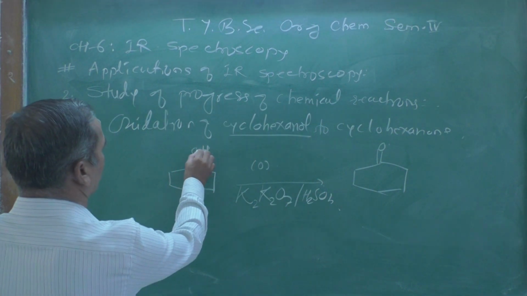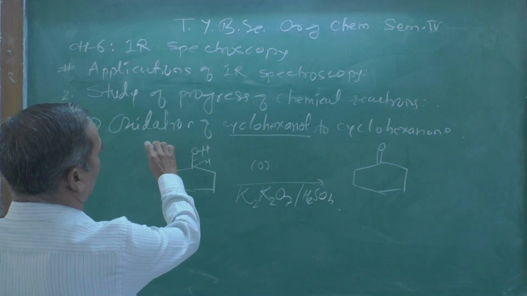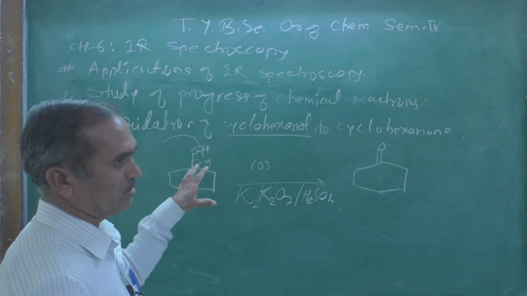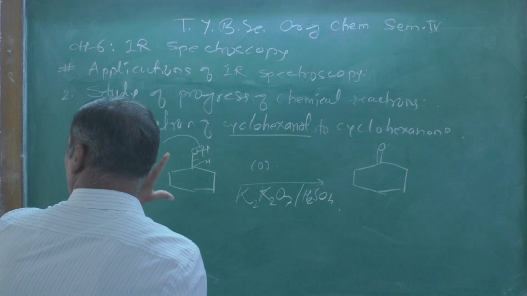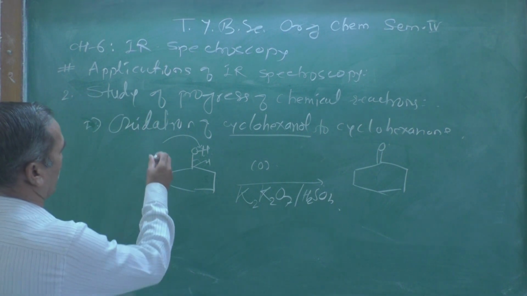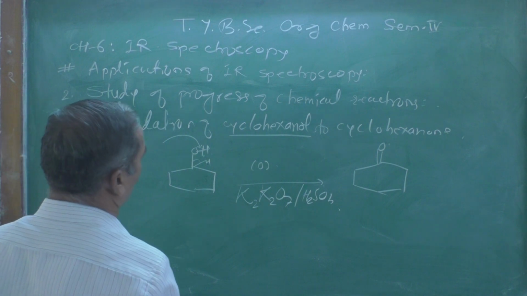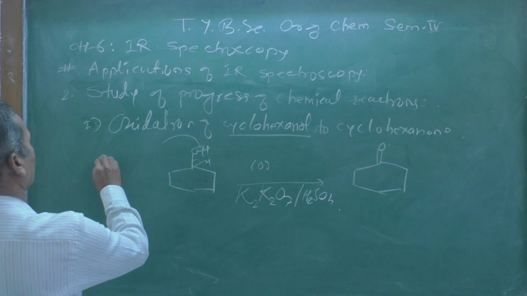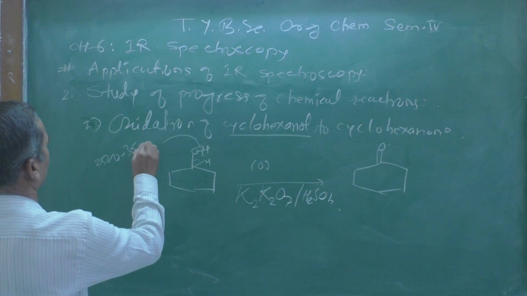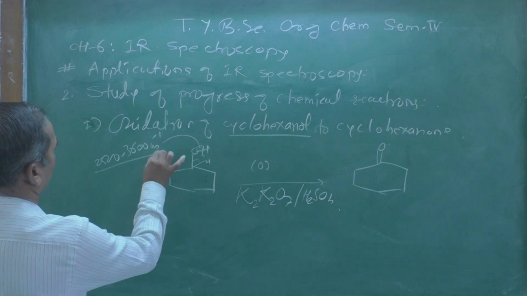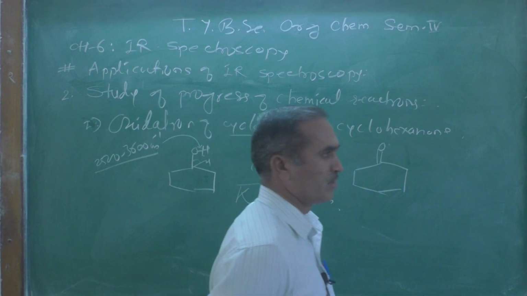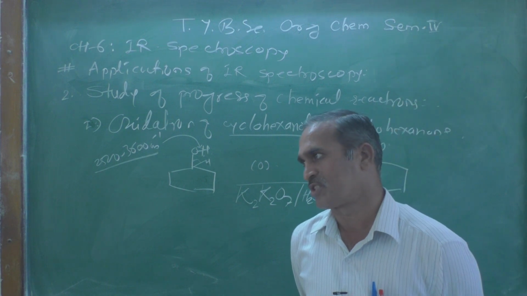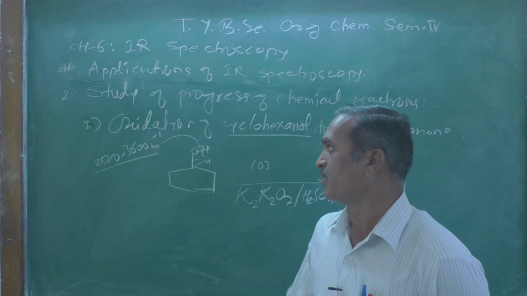Now initially we are monitoring this reaction by IR spectroscopy. Initially we took the spectra of cyclohexanol, and cyclohexanol will produce a peak around 2500 to 3600 per centimeter, which is characteristic of the hydroxyl stretching frequency.